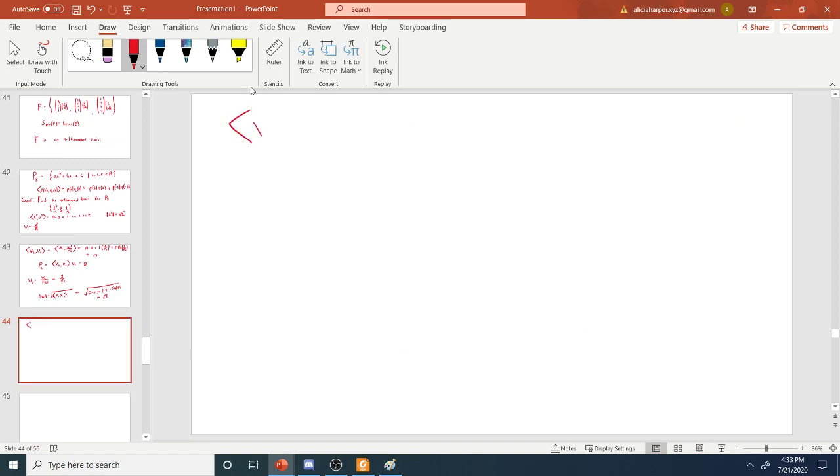To do this, I have to compute the inner product of v3 with u1. I also have to compute the inner product of v3 with u2. So let's start with this computation. This is the inner product of 1 with x squared over the square root of 2.